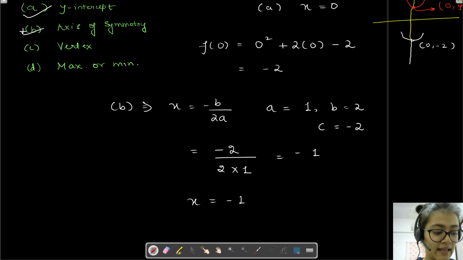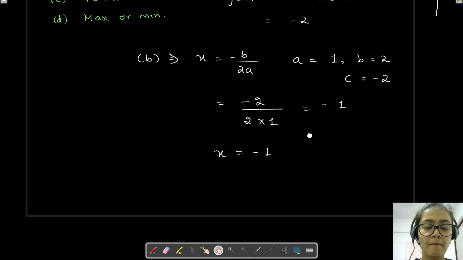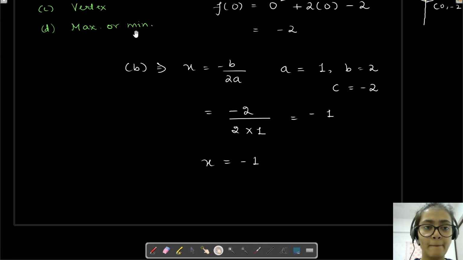Alright. Next we need to find out the coordinates of the vertex. If you remember from the previous slide, the vertex is also the minimum or maximum value. In order to find the coordinates of the vertex, see, this x equals -1 is the x coordinate of the vertex. Now we need to find the y coordinate.